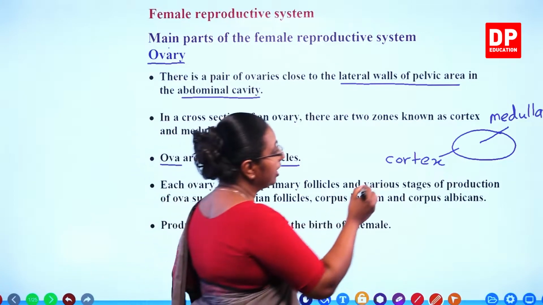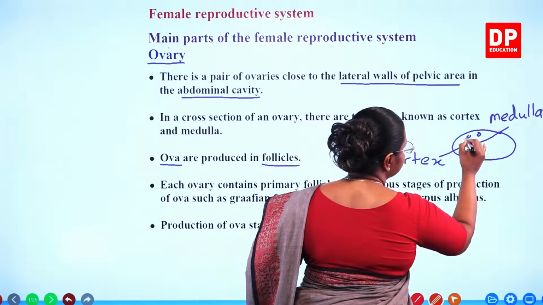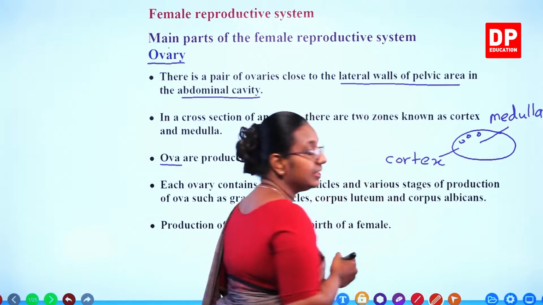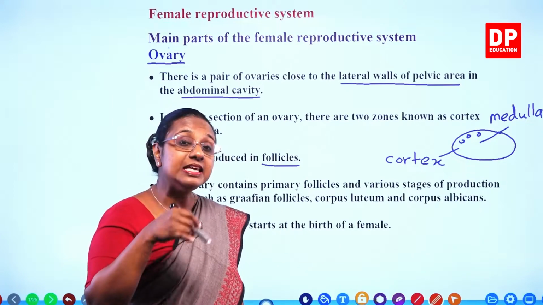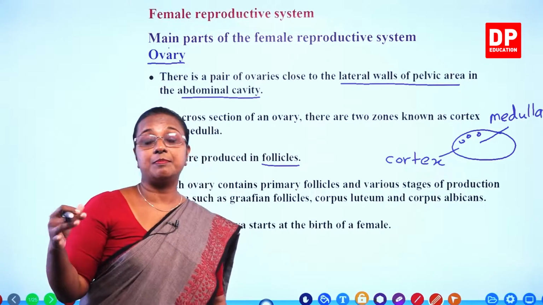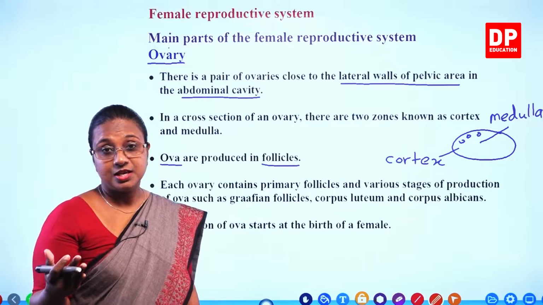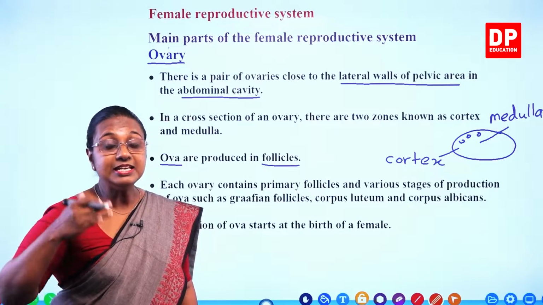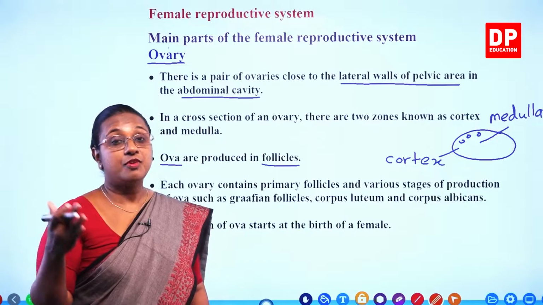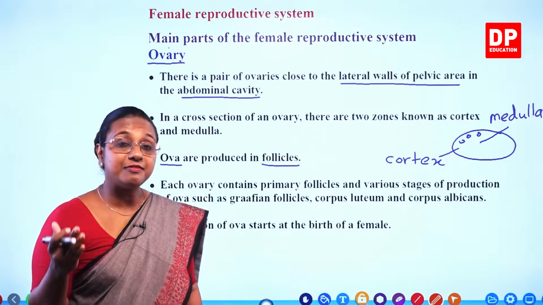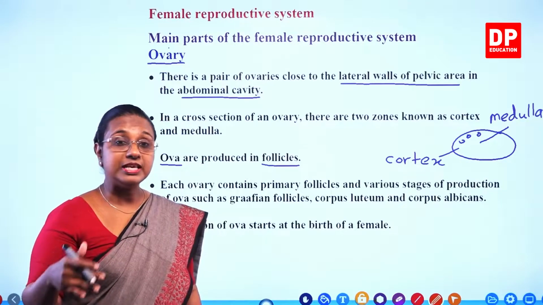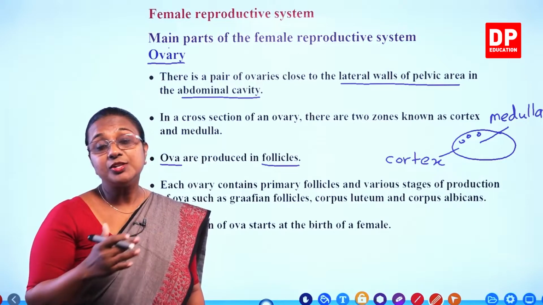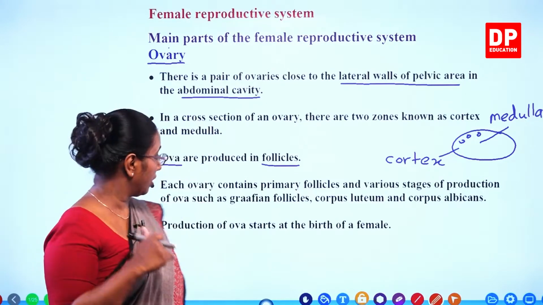I told you there are small sac-like structures that we call primary follicles, and these follicles undergo development after adolescence. They exist in different stages, for example the Graafian follicle, corpus luteum and corpus albicans. All those are different stages of the follicles.